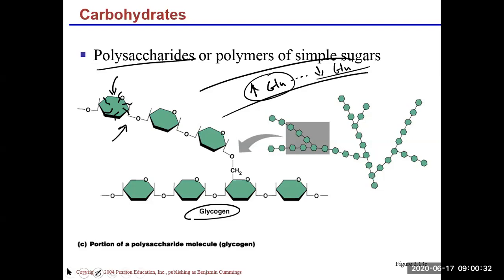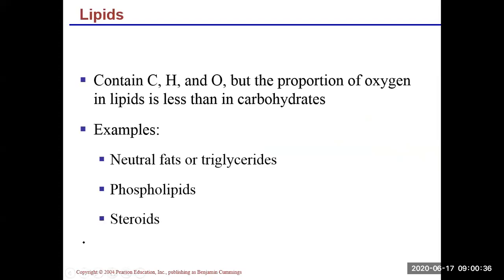So let's go ahead and take a look at the lipids. Again, neutral fat or triglycerol is what we're going to put our emphasis on, but also the phospholipid, part of our cell membrane, and a lot of steroids. You probably learned about many of these steroids, or at least about testosterone, estrogen, progesterone, aldosterone, cortisone.